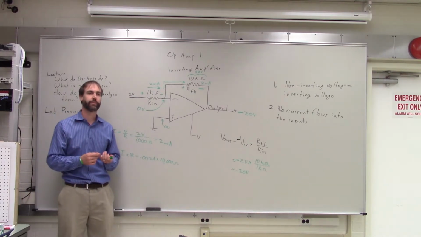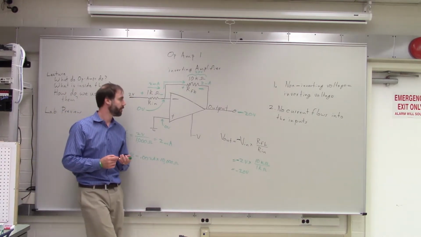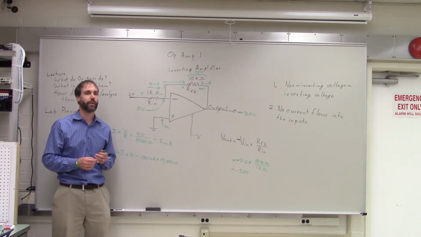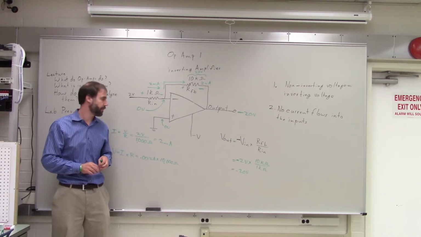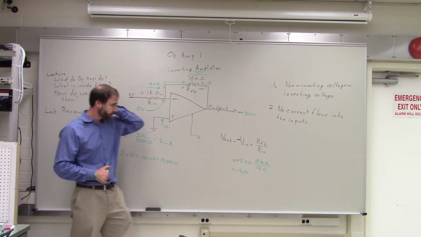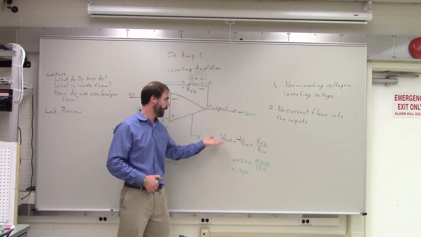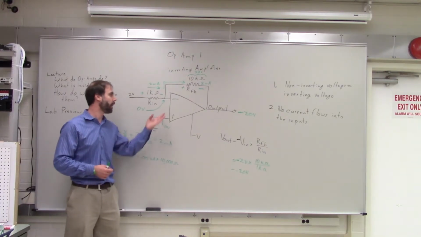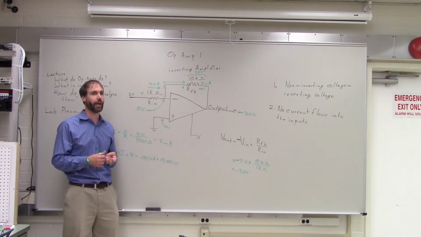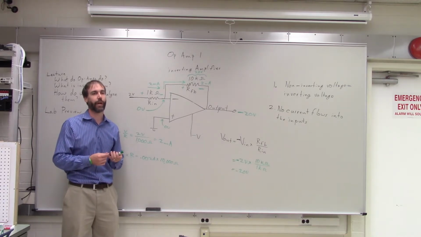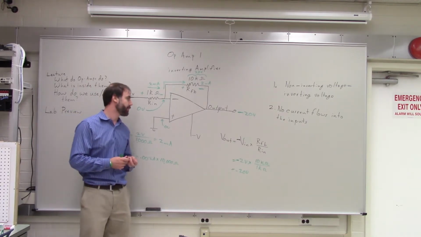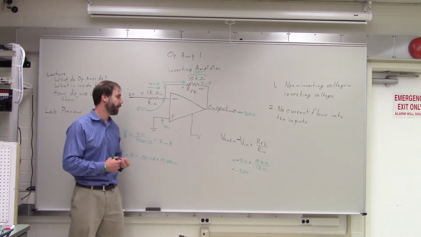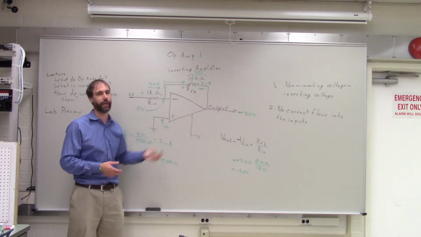Are there multiple variations? This is the 741. Are there multiple variations that are rated for different minimum, maximum voltages? Yeah, that's a good question. These rules apply generally, and this formula applies generally for any op-amp chip, any chip that calls itself an op-amp. But like you say, there are many flavors of op-amp. The 741 in particular has a positive and a negative voltage supply. There are others that have just a positive supply and ground.